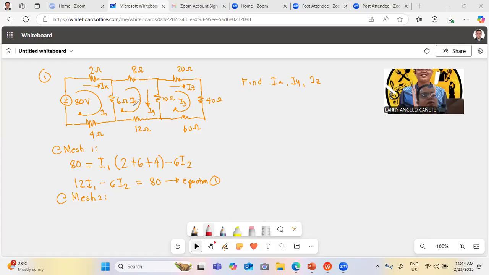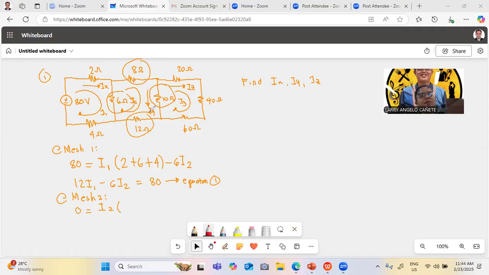Since there is no voltage source inside mesh 2, I just put here 0. Since I am inside mesh 2, I will put here I sub 2. Then you sum up what resistors are inside mesh 2. So we have here 8, we have 10, we have 12, and 6.